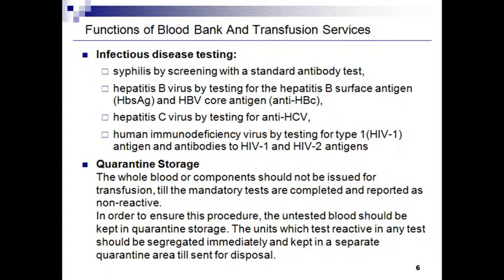The blood portion should be tested for blood-transmitted diseases, such as syphilis. The method is screening with a standard antibody test. The blood should be tested for hepatitis B virus by testing for the hepatitis B surface antigen, HBs antigen, and HBV core antibody, anti-HBc, anti-HB core.